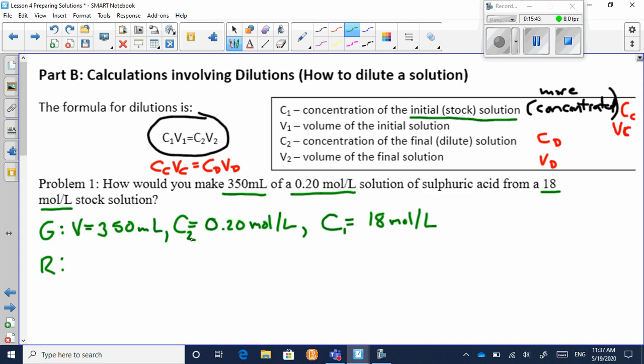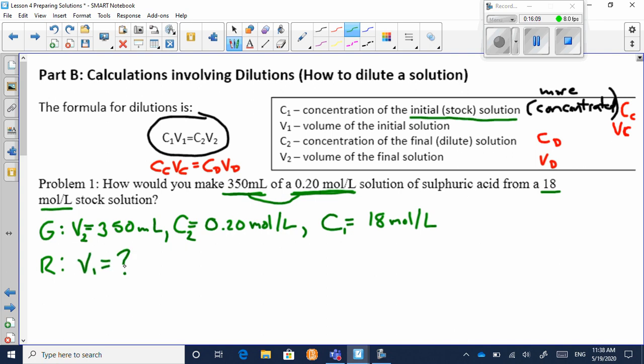Now, what about that 350 milliliters? Is it V1 or is it V2? Well, notice that in these questions, these two go together. It says, how would you make 350 milliliters of this? Those two are together. So this is actually the volume of your dilute solution. And clearly what's missing is your V1.